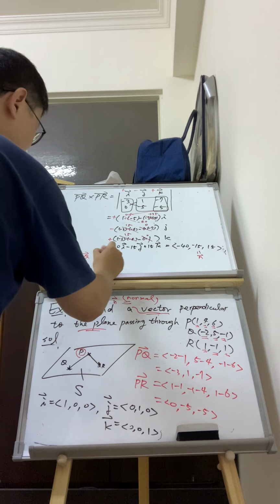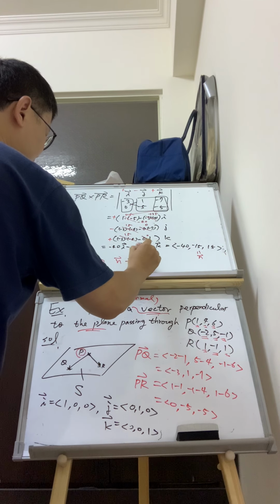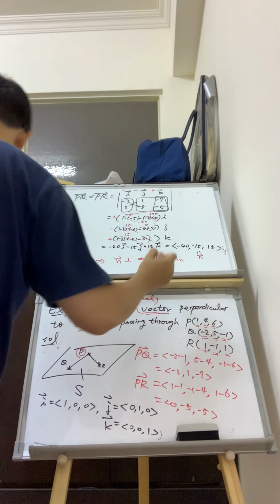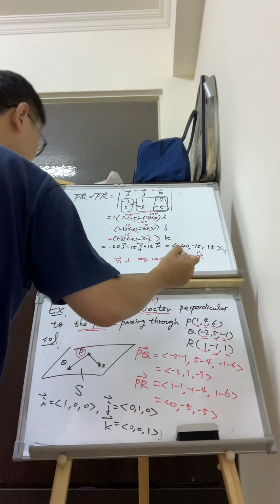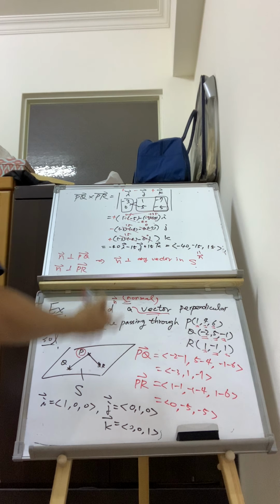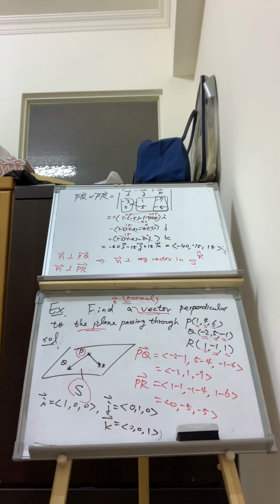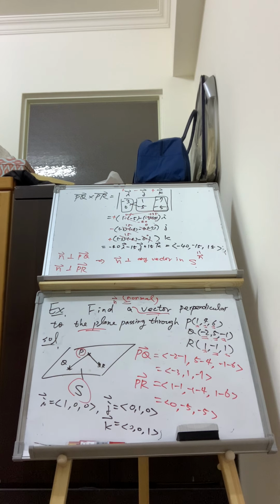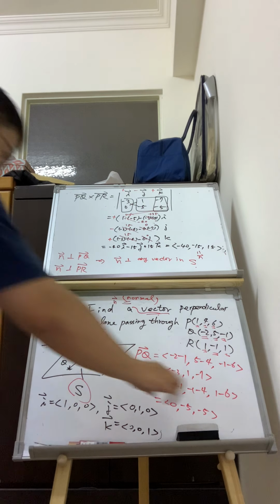So of course, it will be orthogonal to any vector in S, and S is exactly this plane. So this is an example of what we want to figure out: the vector which is perpendicular to the plane passing through P, Q, R.